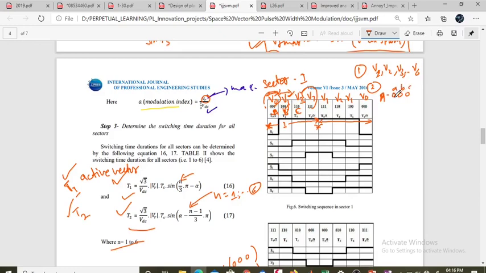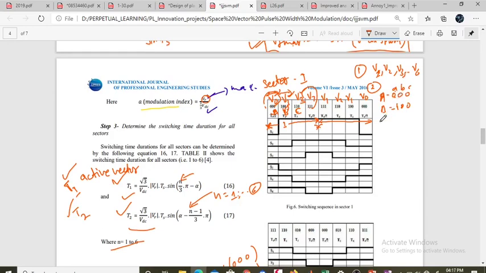So in this interval, 1 0 0 means phase a transitions only once. My point is that only one phase must switch for a state transition. Whenever you jump from one vector to another, only one phase should transition. This is a very important point.